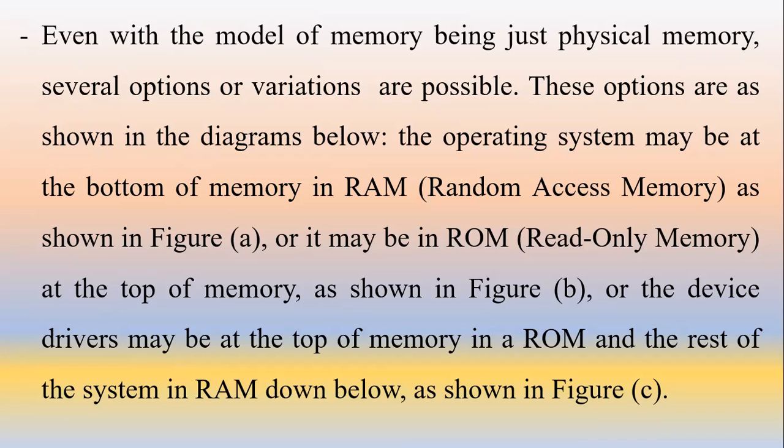First, the operating system may be at the bottom of memory in random access memory, as shown in figure A, or it may be in ROM, that is read-only memory, at the top of memory, as shown in figure B, or the device drivers may be at the top of memory in a ROM and the rest of the system in RAM down below, as shown in figure C.